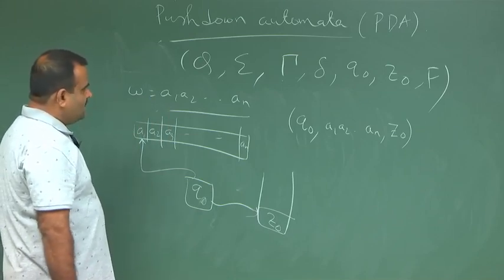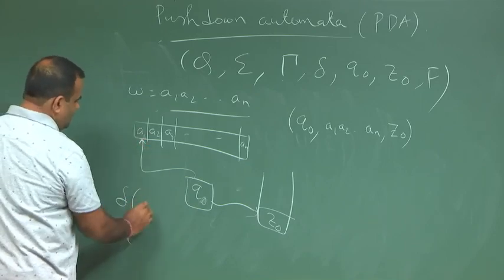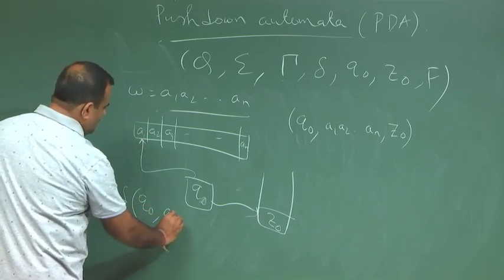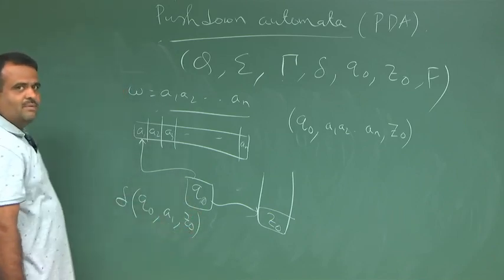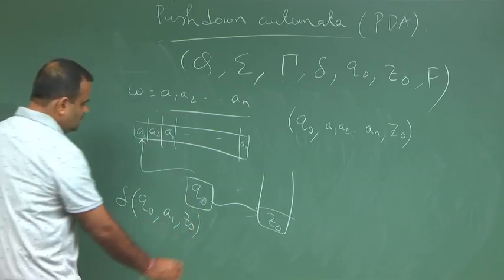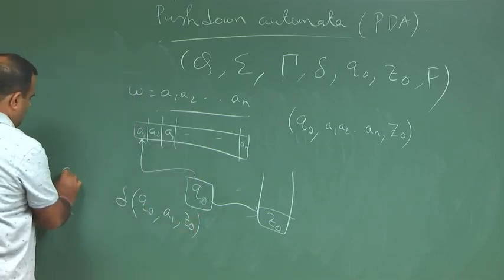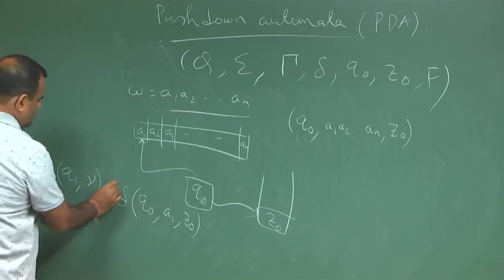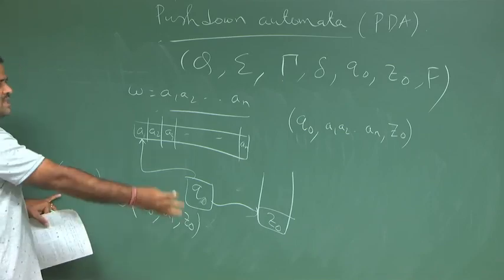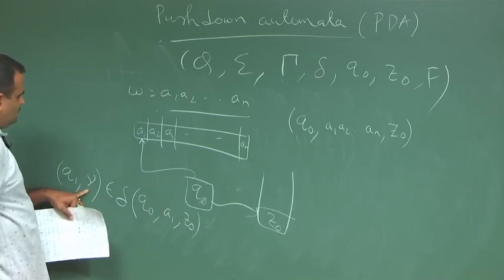Now suppose we apply delta of Q0, A1, Z0. Depending on that it will have a move. Suppose it goes to some state, say Q1, and Z0 is replaced by gamma; there could be many other options, but we have decided to go to Q1.